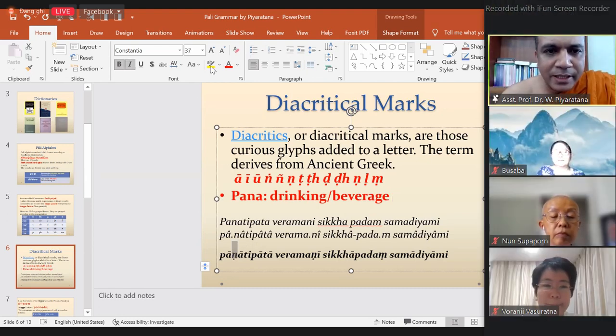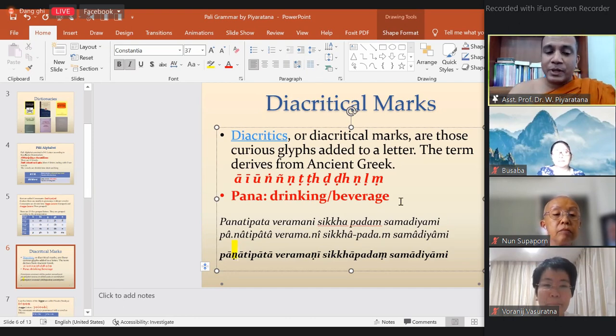Look at these diacritical marks. They use pa, na, why. This pana means not the drinking, not the beverage, but the living beings. Any living beings, any creatures, we call pana.